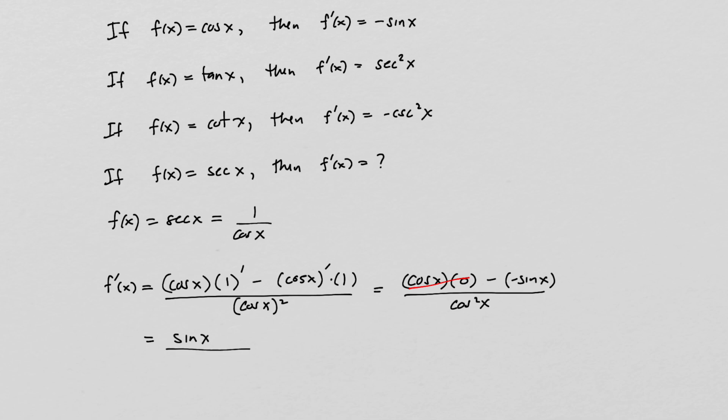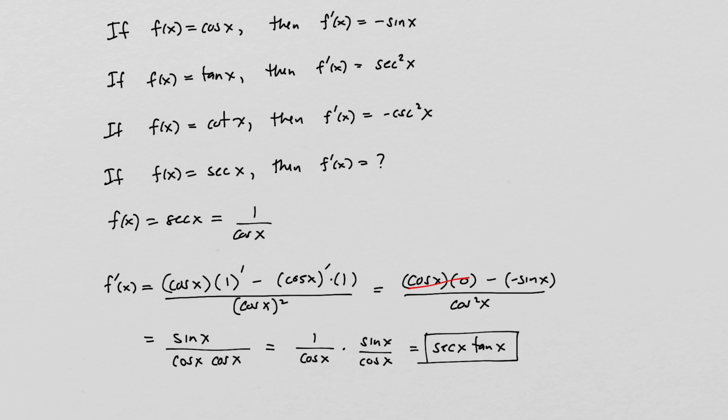And then in the denominator, I'm going to rewrite this as cosine times cosine. And then I'm going to pull apart this fraction to write it like 1 over cosine times sine over cosine. And 1 over cosine is the secant, and sine over cosine is the tangent. And so the derivative of secant of x is secant of x times tangent of x.